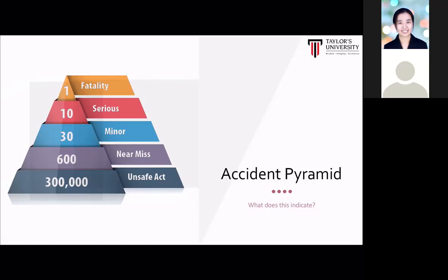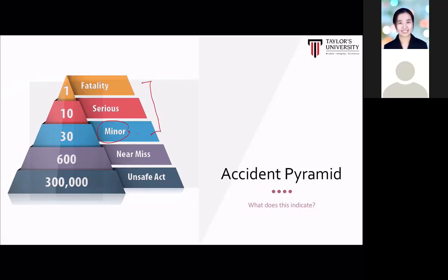And for every 10 serious accidents, there's always one fatality. So what we want to do here is, when it is already here, it is, I would say, too late. We can still work on minor accidents, but accidents have already happened.